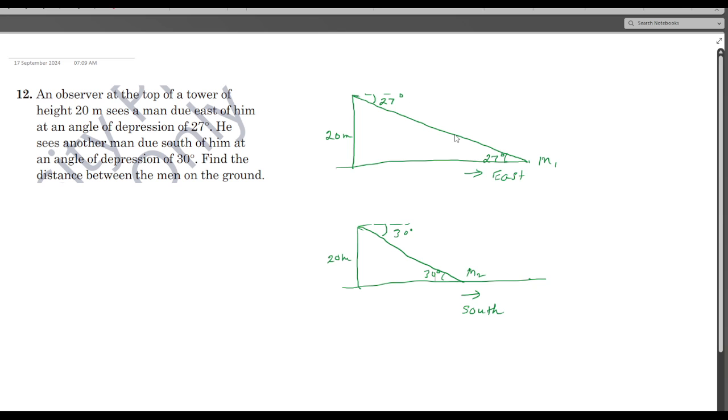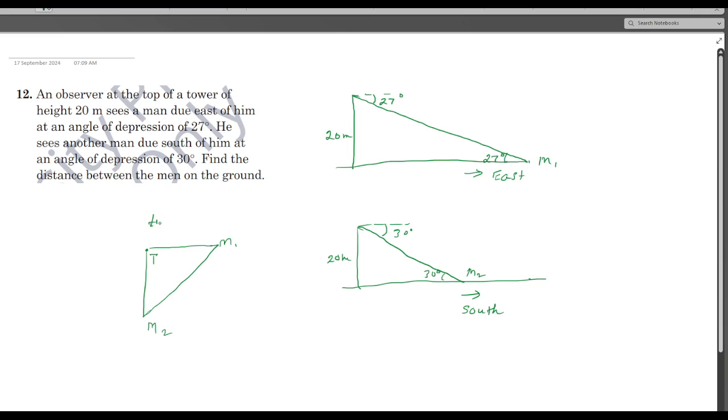Now find the distance between the men on the ground. On the ground, suppose this is the position of the tower, then in the east direction you have man 1 and in the south direction you have man 2, and you have to find the distance between man 1 and man 2. It is difficult to draw a three-dimensional diagram, so we will draw three separate diagrams.